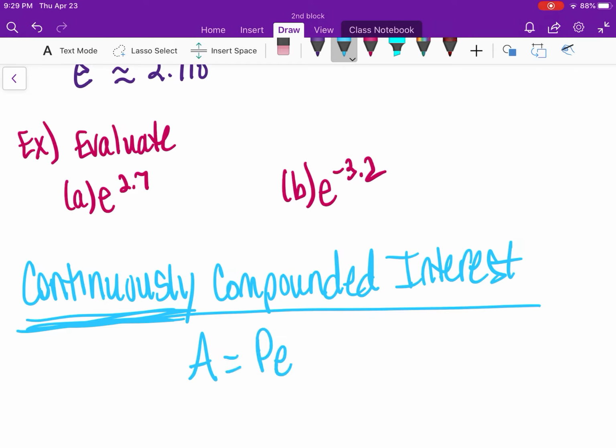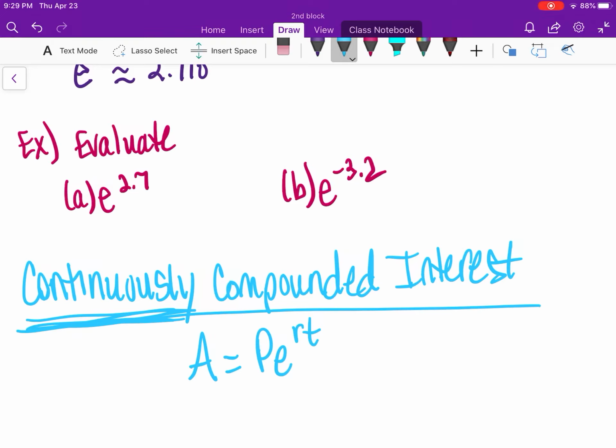When you see that, you're going to use this formula. So the A still means the final amount, just like it did in the last equation. P still means initial amount, just like we said before. R is rate as a decimal, and T is time in years. The difference is the E, but that's our new number E that we have a calculator button for.